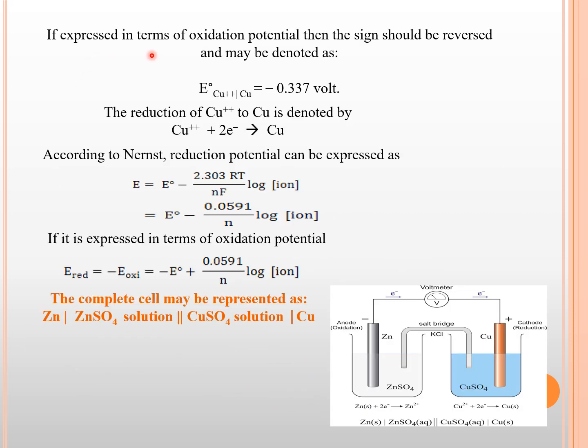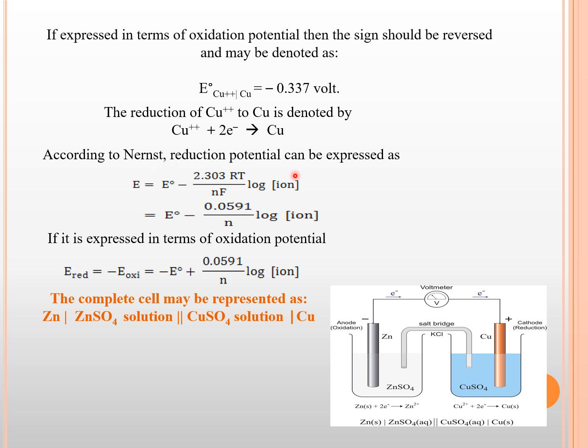If you have to express the value in terms of oxidation potential, then the sign has to be reversed. And so this is the E0, the standard oxidation potential of copper dipositive ion in contact with copper, that is minus 0.337 volt. The reduction of copper dipositive ion to copper is denoted by the reaction Cu2+ receiving 2 electrons to give atomic copper.